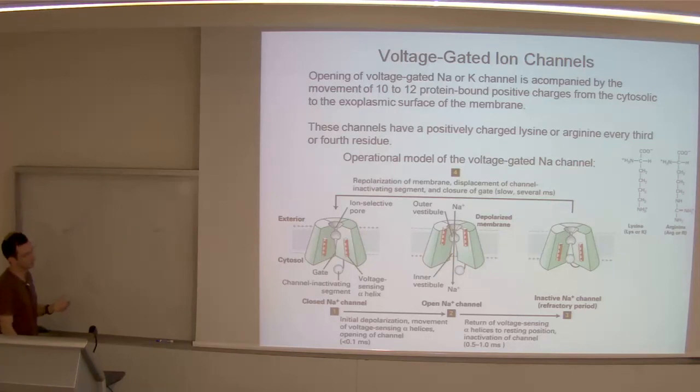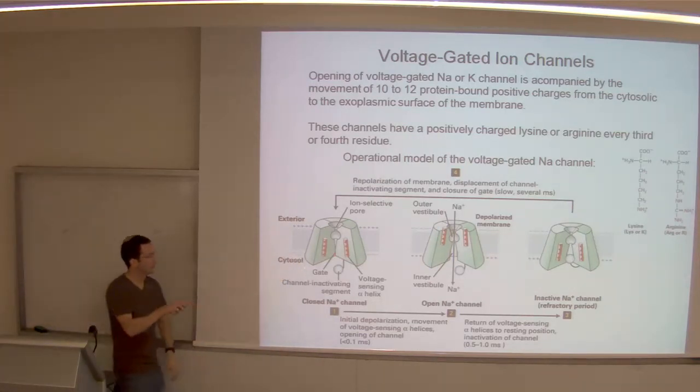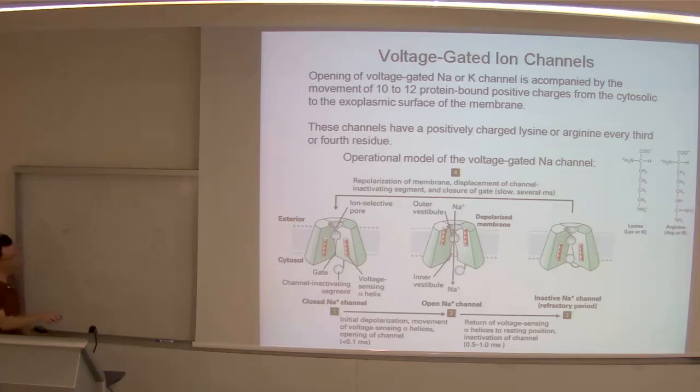For voltage-dependent channels, you will not be able to do so because of the inactivating domain that sticks right here and inhibits the channel function. Only when you restore the cytosolic negative state does this protein become functional again.